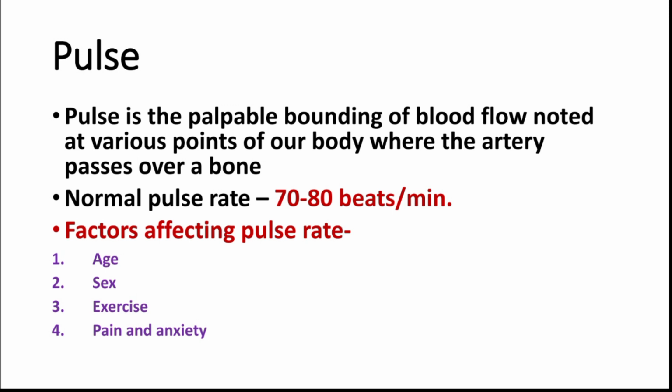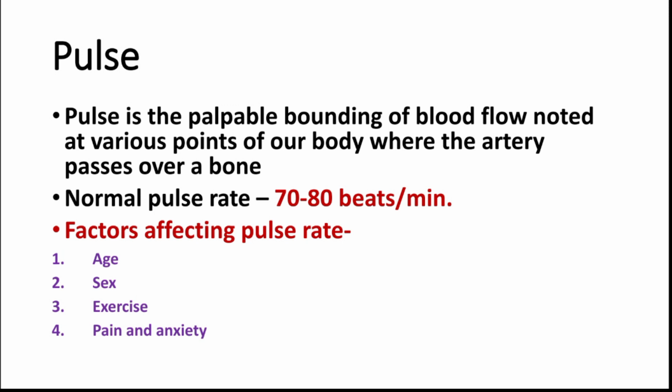Pulse is produced due to stroke volume ejected during systole and distension of the walls of the aorta. The stroke volume is ejected during systole of our heart, and distension of the walls of the aorta creates a pulse wave as it travels rapidly towards the distal end of the artery.